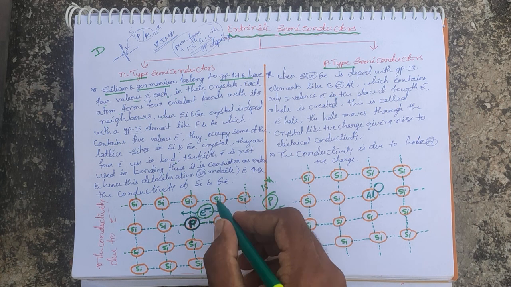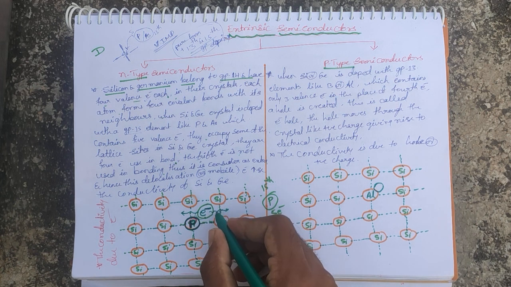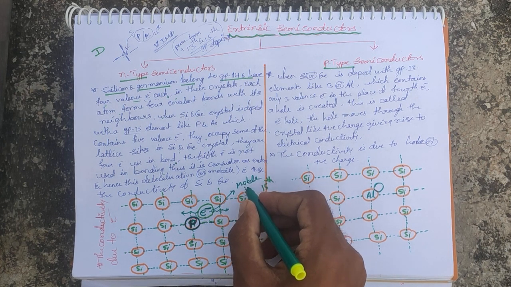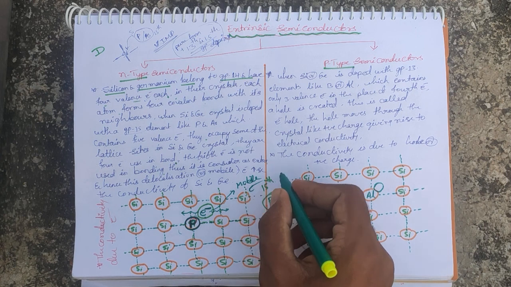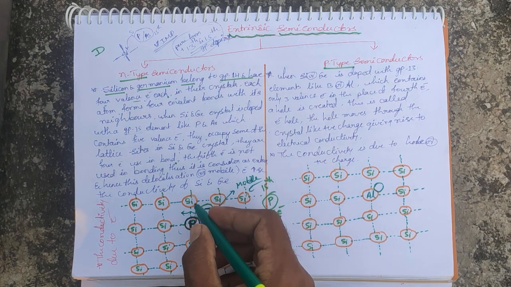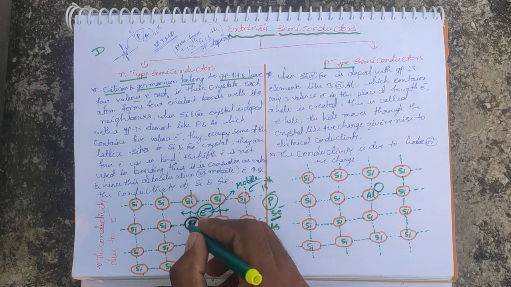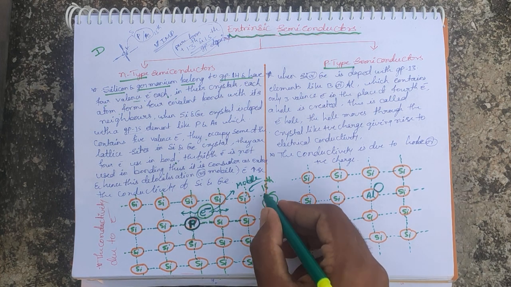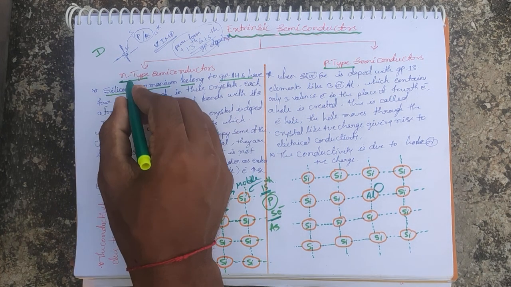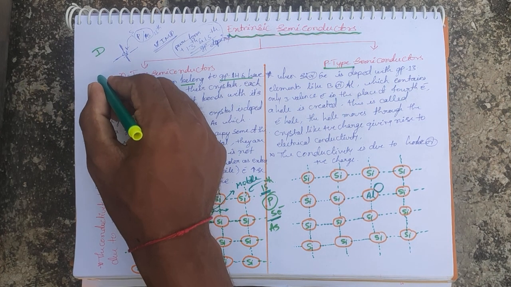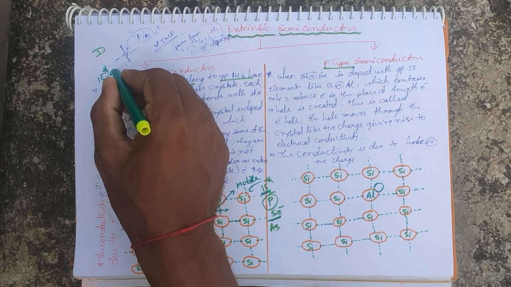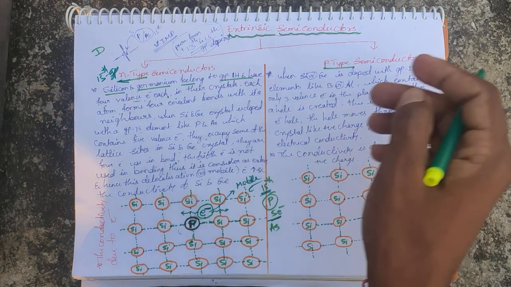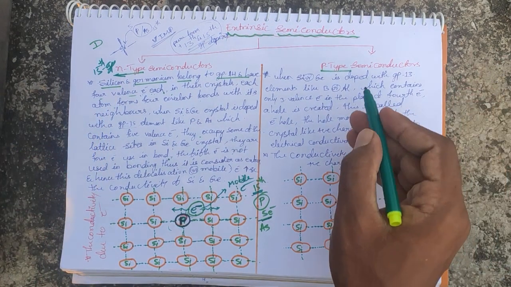It is also called a mobile electron. Therefore, conductivity increases in silicon and germanium by adding a 15th group element. Therefore, they are called n-type semiconductors. What is an n-type semiconductor? A 15th group element is added. Next we see the p-type semiconductor.